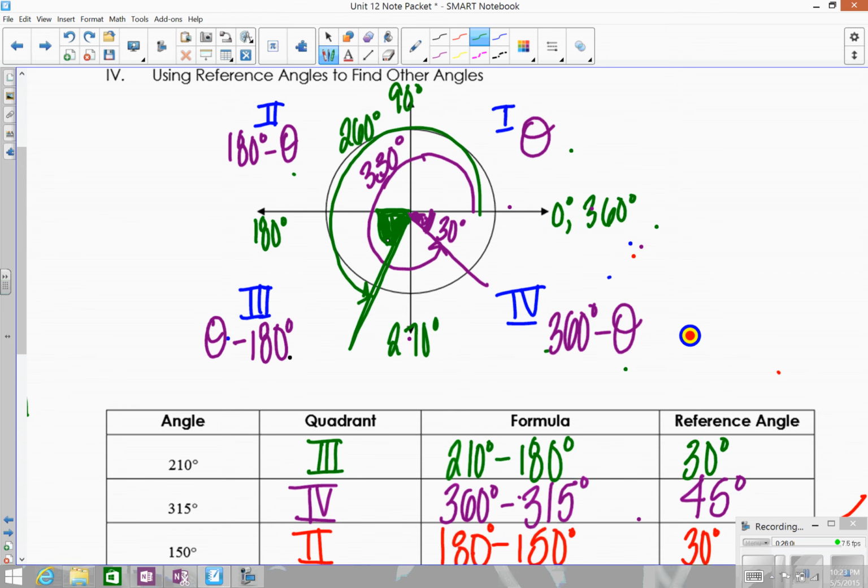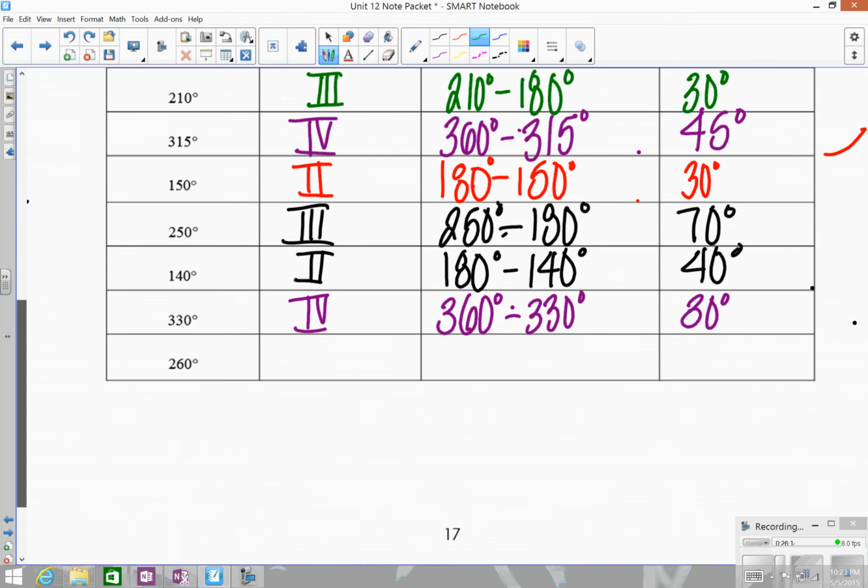So if I want to find the reference angle, I'm going to take 260, but then I'm going to subtract off the 180, the piece that I don't want. So if it's in the third quadrant, I'm going to do 260 minus the piece I don't want, which is 180, and I'm left with 80 as my reference angle.